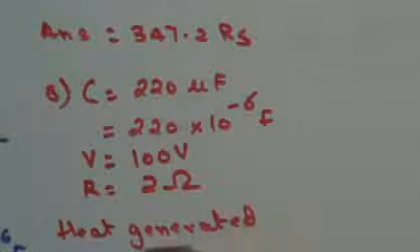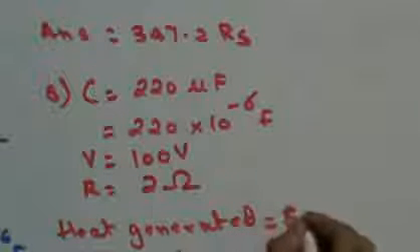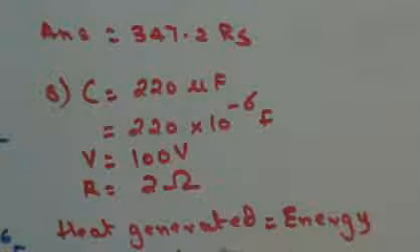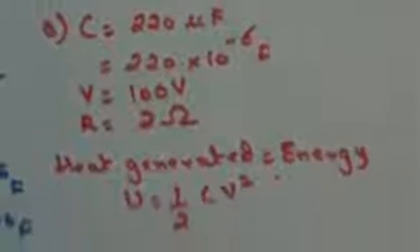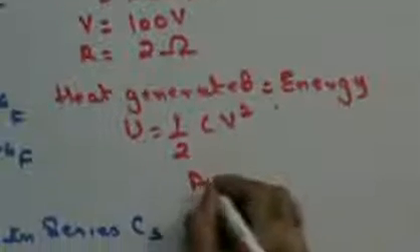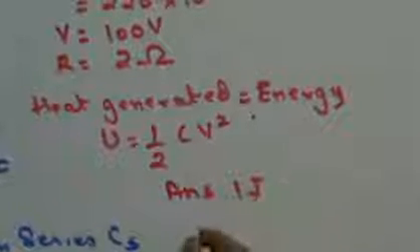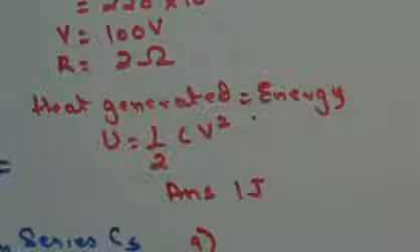Heat generated is going to be equal to energy, which is U, which is equal to half CV square. C is given to you, V is given to you. You should get the answer. The answer for this sum should be 1 joule. Next, take down the next sum please.